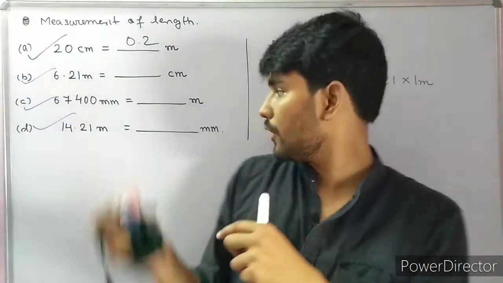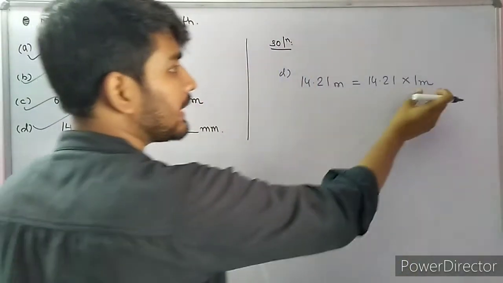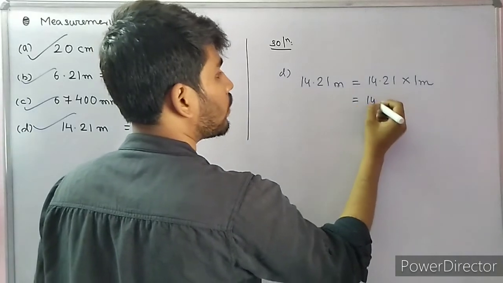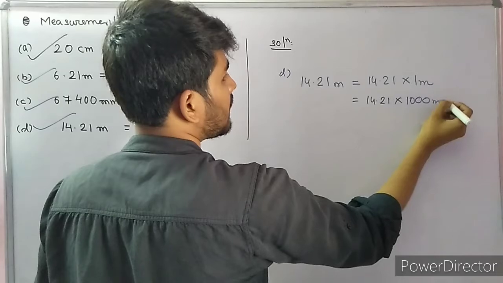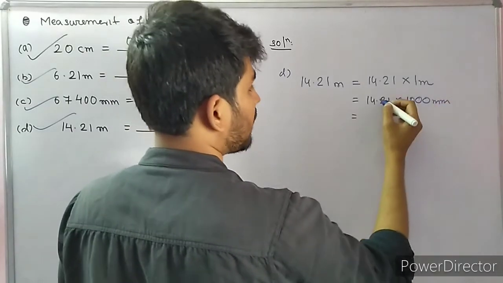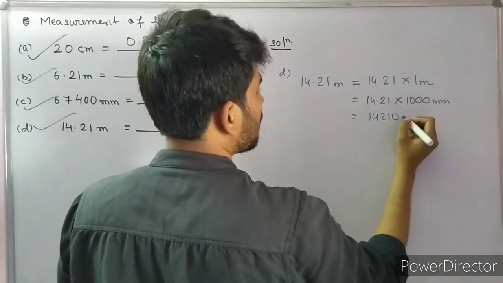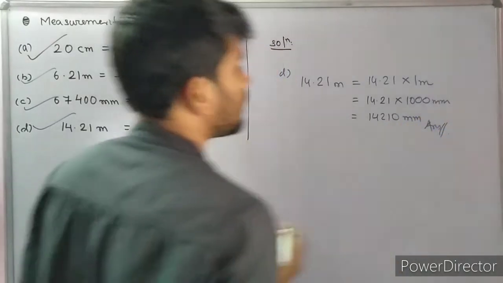Meter is bigger compared to millimeter. How much bigger? 14.21 into 1000 millimeter, which is, if I multiply by 1000, three zeros, decimal place, 14210 millimeter. Answer. I hope it's clear to you.